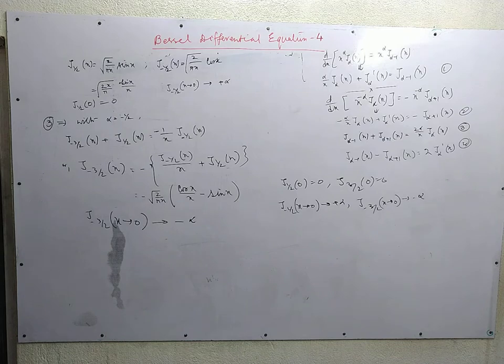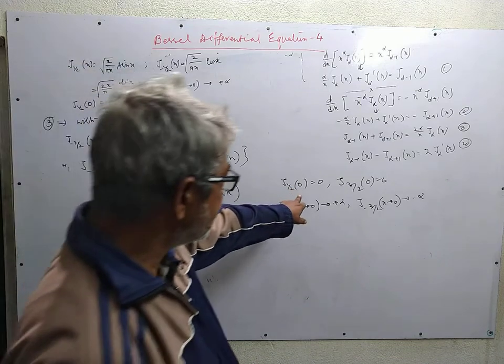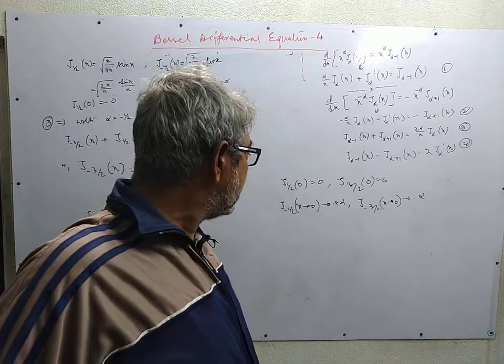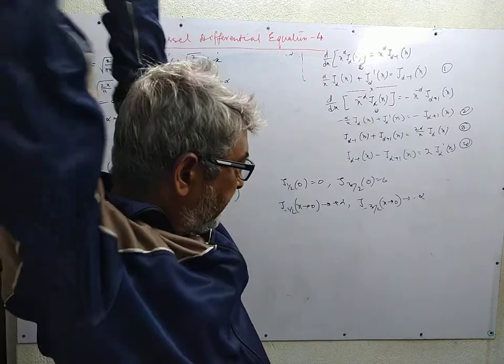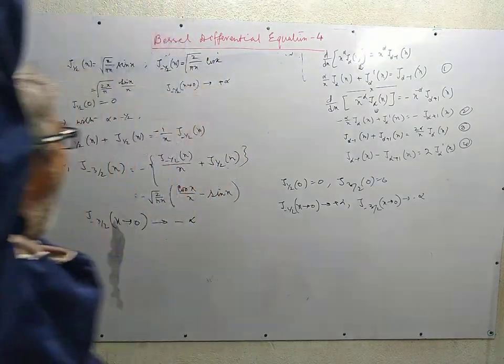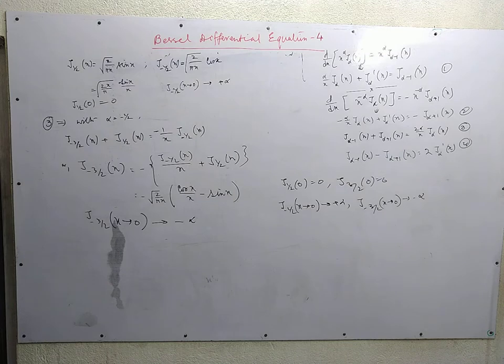From this we can conclude that Bessel function of half integral order is 0 at the origin if the order is positive, and it diverges to plus or minus infinity if the order is negative. The higher order Bessel functions of half integral order can be generated in this way.